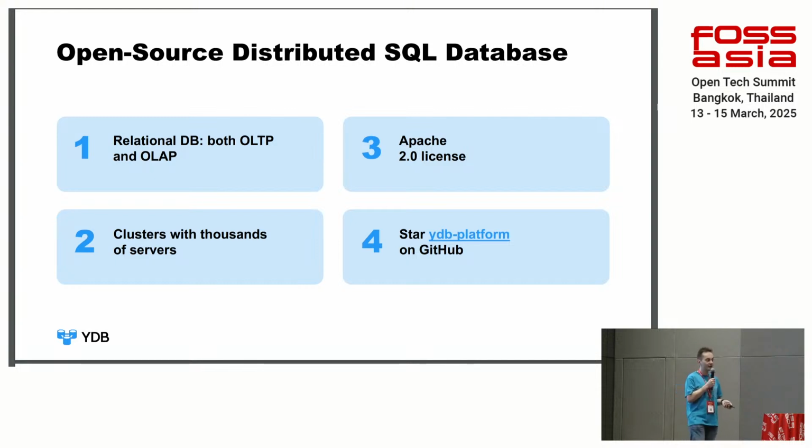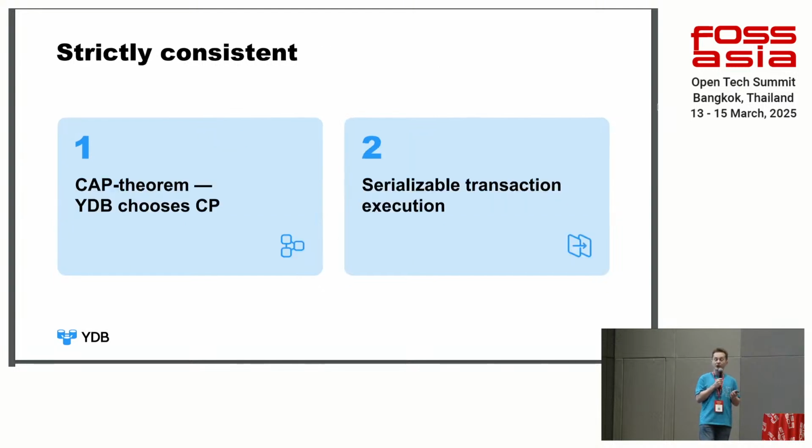We are a relational database, so we have SQL. And we are a mature system. It's 10 years of development. We have huge clusters with thousands of servers, really petabytes of data. And feel free to star our database on GitHub. We would really appreciate if you star us on GitHub. We are strictly consistent.